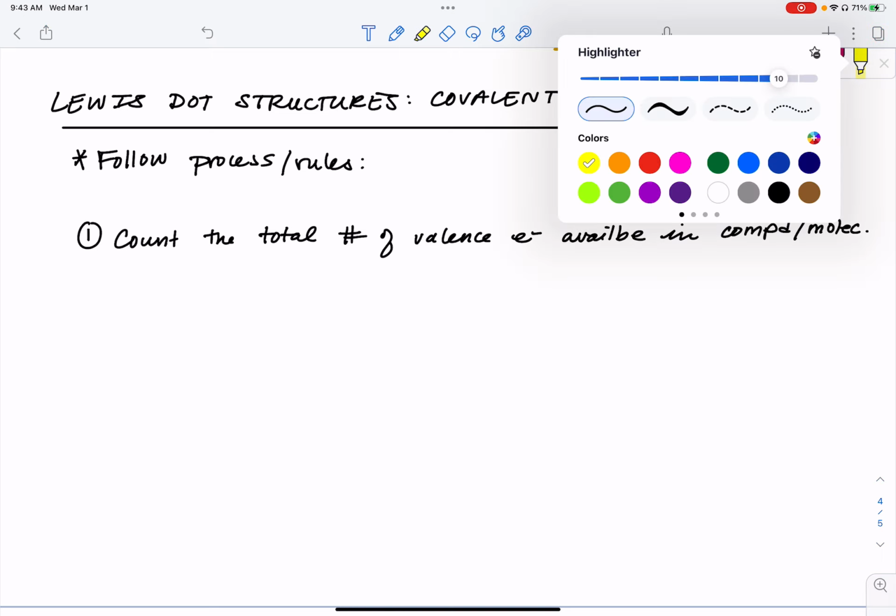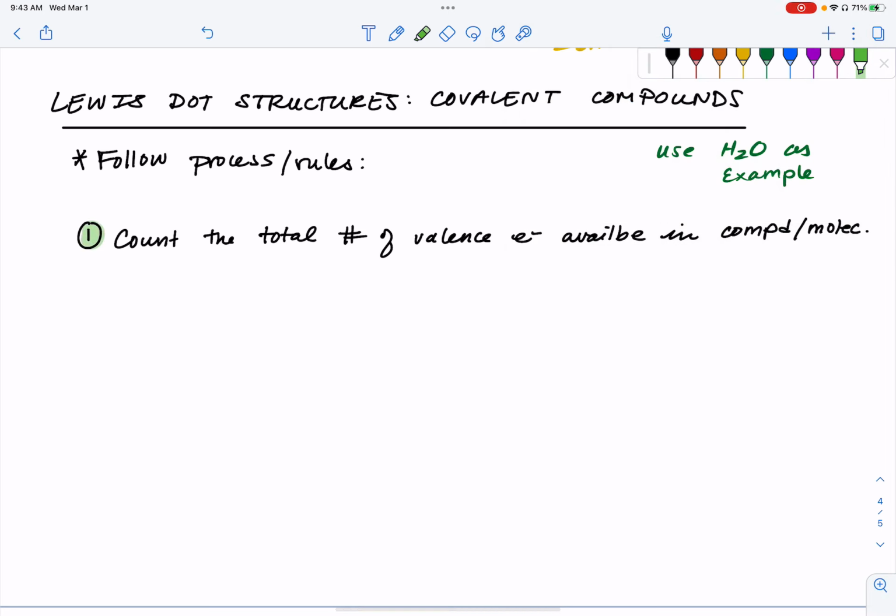So if we are looking at water, we know that oxygen has a valence configuration of 2s2, 2p4. So this has 6 valence electrons.